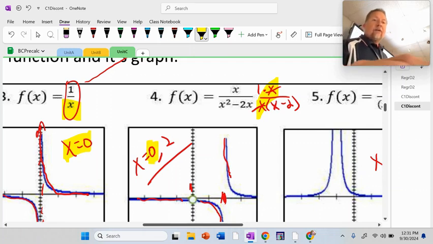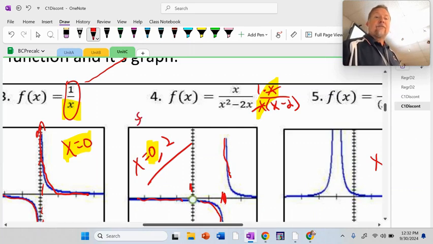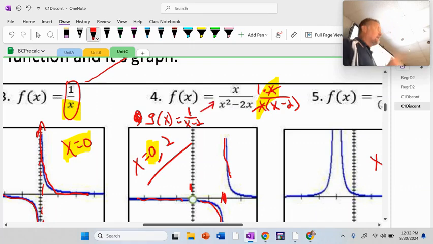But that's the x value. That's what you're supposed to say, by the way. But what is the actual coordinate? I like calling this a new function. g of x now equals 1 over x minus 2. This graph is identical to that graph, except the first graph has a hole in it.